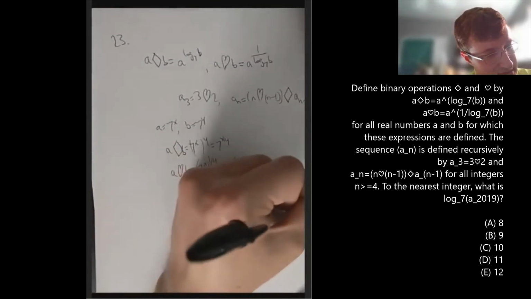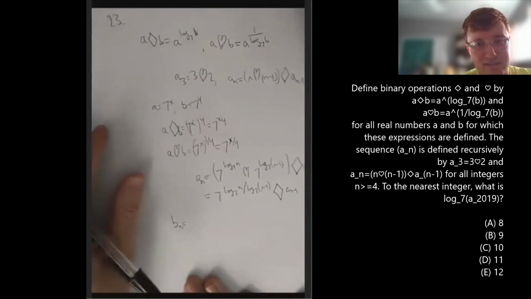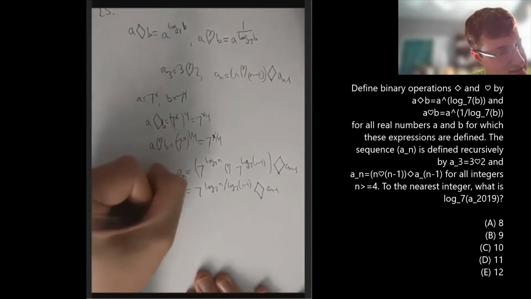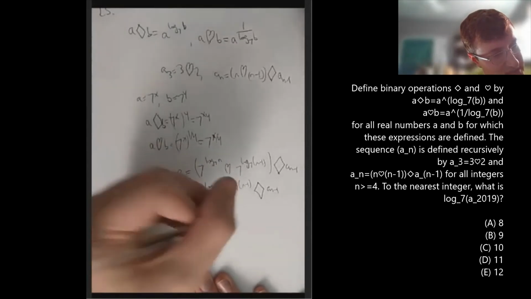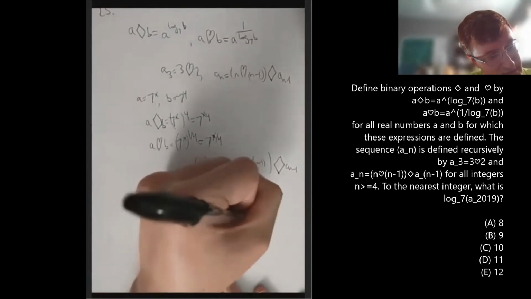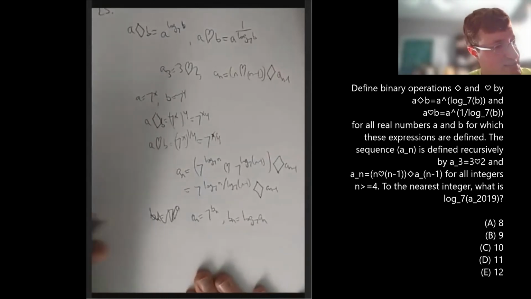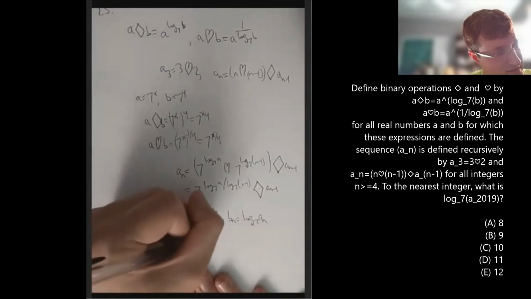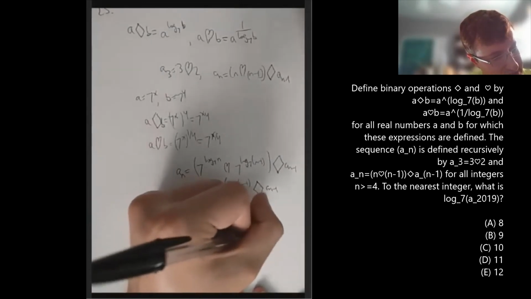Okay, so if I let B_n be, oops, sorry, A_n equals 7 to the B_n, so B_n is log base 7 of A_n. Then this is saying that 7 to the B_n equals 7 to the log base 7 of N over log base 7 of N minus 1.